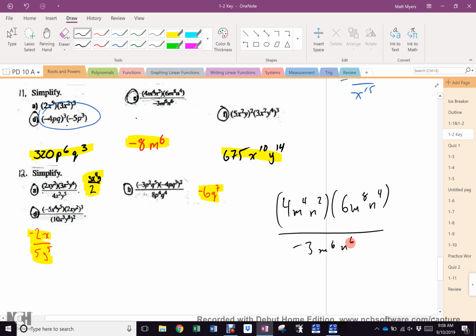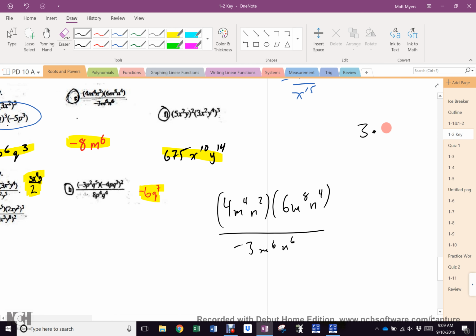Decide where to start. Remember, all your math applies. If I gave you this, 3 times 6 over 2, what would you do first? You would do 3 times 6. Does this not look exactly like this?